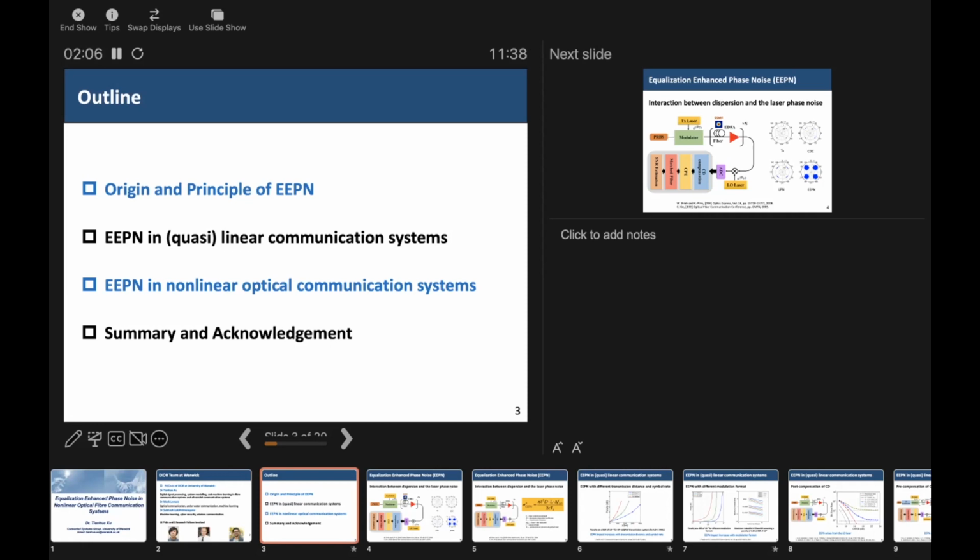Then I will give some summary and acknowledgement to the researchers and support.